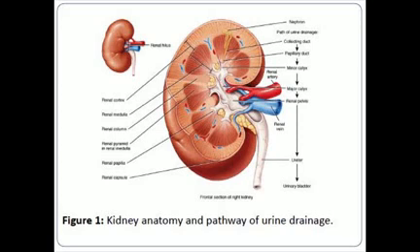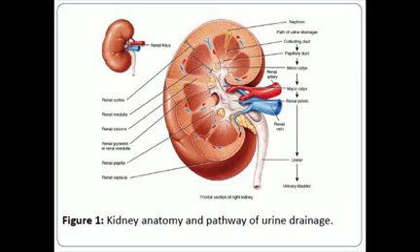Now I will discuss the structure of the nephron. To understand it better, take a diagram of the nephron, then it will be easier for you to understand. Look at the diagram and I am explaining here.